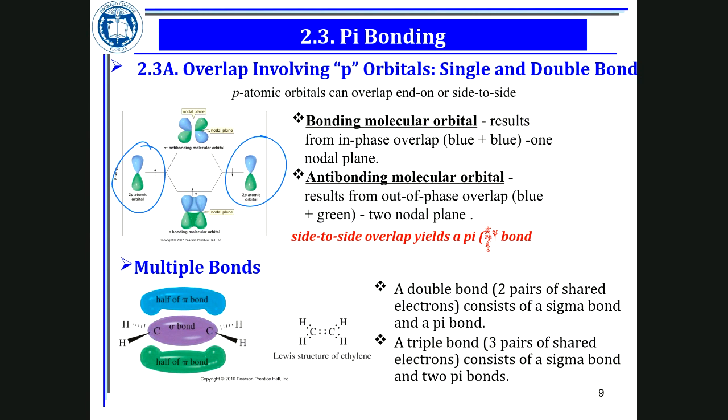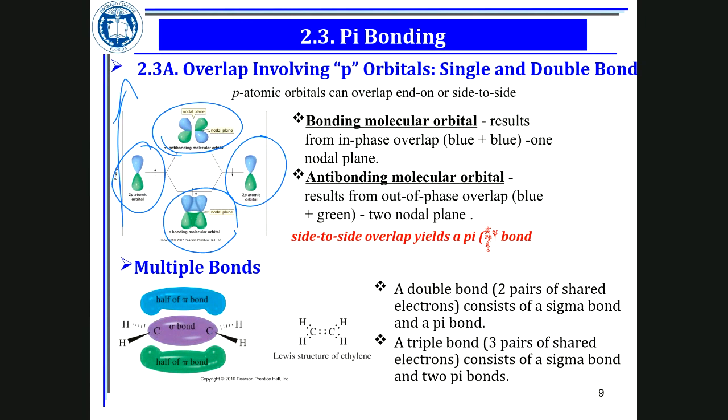And you see, if the blue colors are facing each other, even side by side, you get the molecular orbital that is called bonding. If it's the green and blue facing each other, it would be anti-bonding. This is just a diagram that shows how the anti-bonding is formed, but the main justification is the energy level.